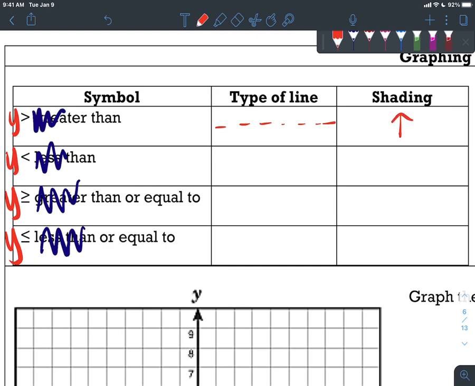I see here no extra line, it's going to be dashed. Y is smaller, shade down. I see here extra line, it's going to be solid. I also see y bigger, shade up. I see extra line, solid. I see y less than, shade down. Okay.